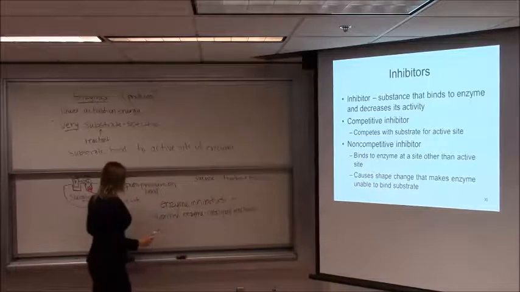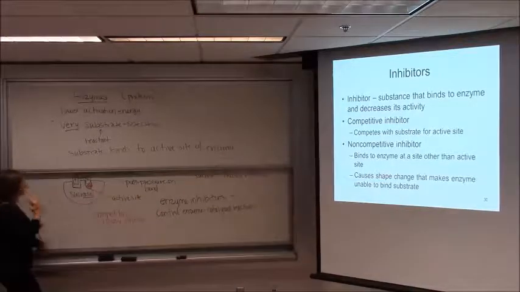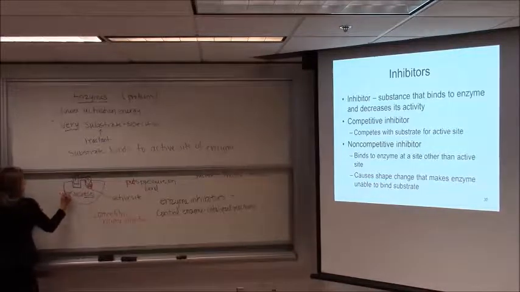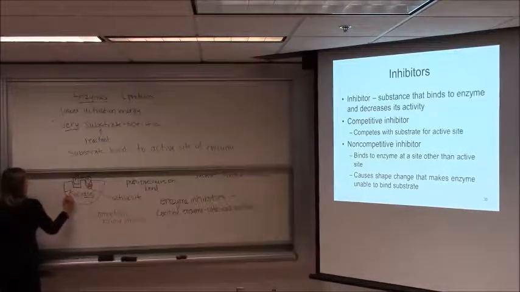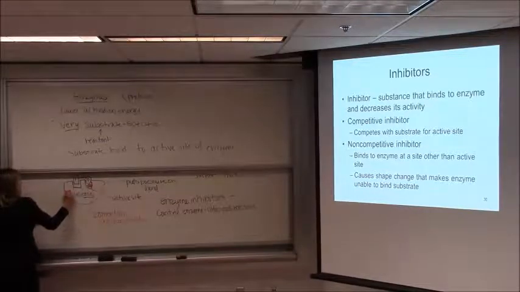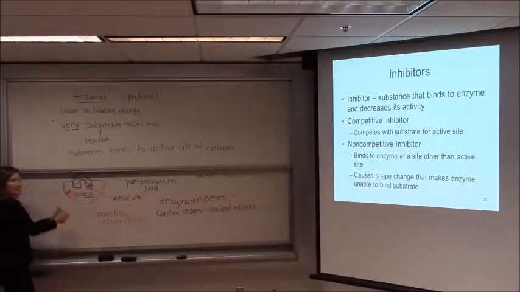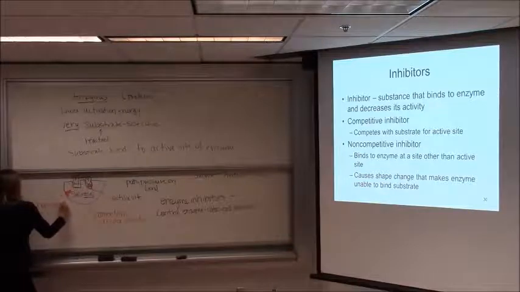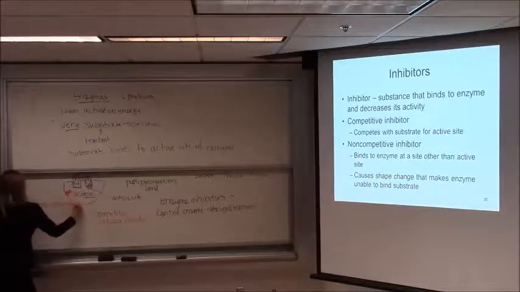There's another category called a non-competitive inhibitor. And what that does is it binds somewhere else on the enzyme, not in the active site. But when it's bound, it changes the shape of the active site so the substrate can't bind so long as this inhibitor is present. As soon as the inhibitor is released, the reaction can take place. So this would be a non-competitive enzyme inhibitor.